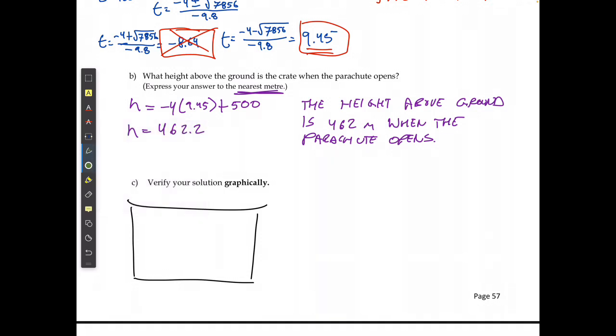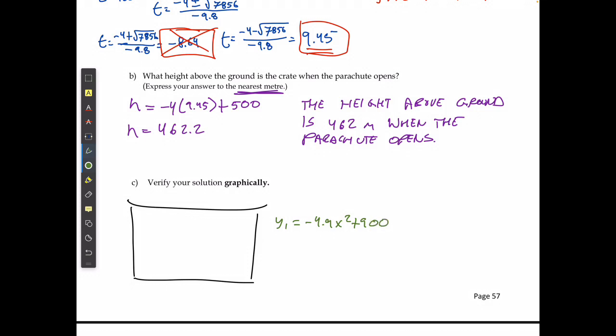My first equation, which is h1 is equal to negative 4.9 t squared plus 900, I'm just going to replace with y1 is equal to negative 4.9 x squared plus 900.